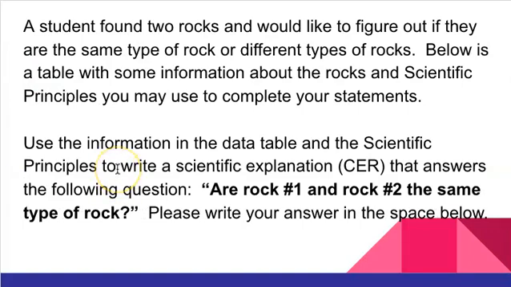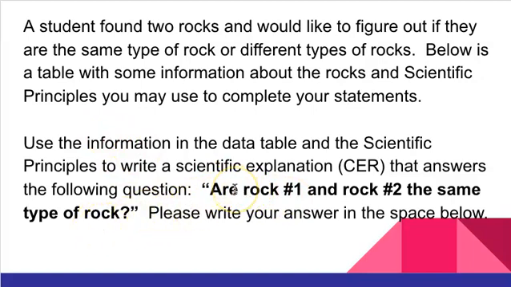So it says use the information in the data table and the scientific principles to write a scientific explanation, which is a CER, that answers the following question. Are rock 1 and rock 2 the same type of rock? And it says please write your answer in the space below. So here's my tip for this one. Hopefully you answered this question.